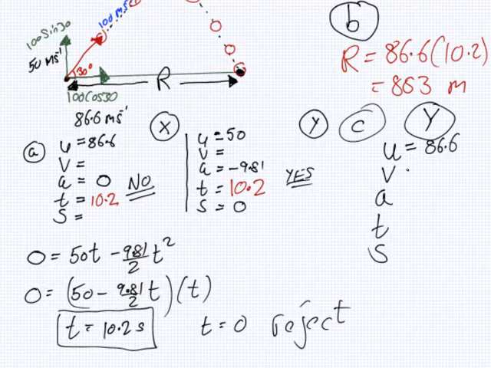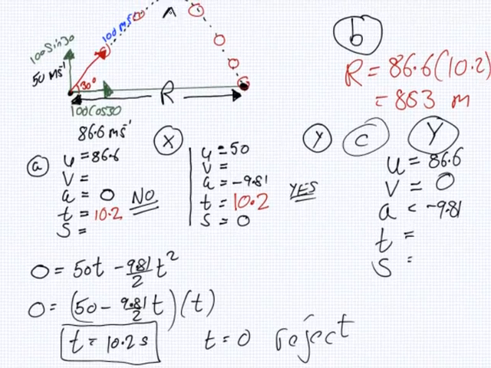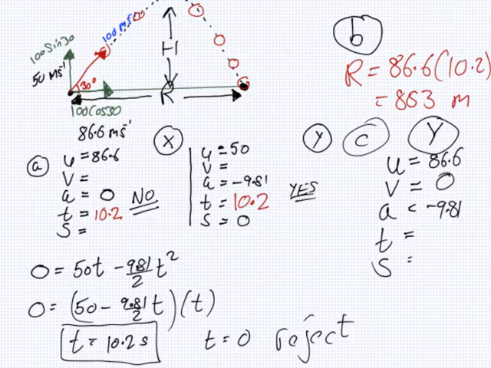What's the V vertically? If it's maximum height, you do know: 0. The A? Minus 9.81. And the T and the S we don't know. This answer is going to give us the maximum height, the highest the ball reaches from the ground.